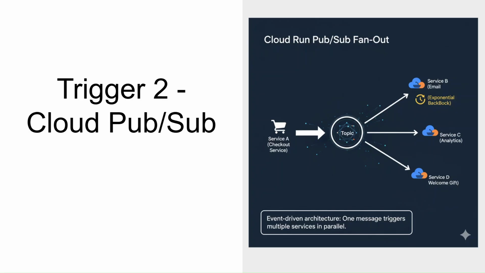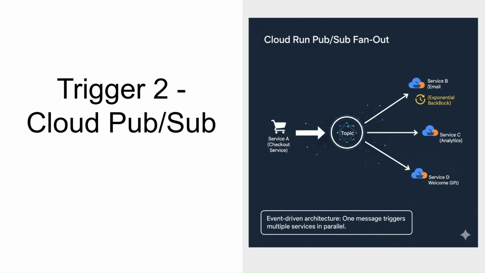You can also find this type of architecture in any kind of event processing service that you have. You can imagine a situation where you are processing an order. If an order comes in, you want to perform multiple processes.